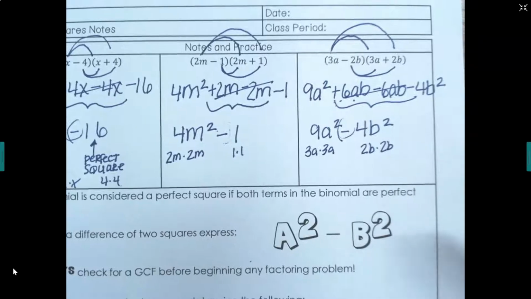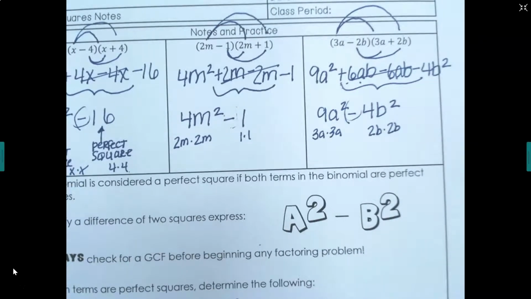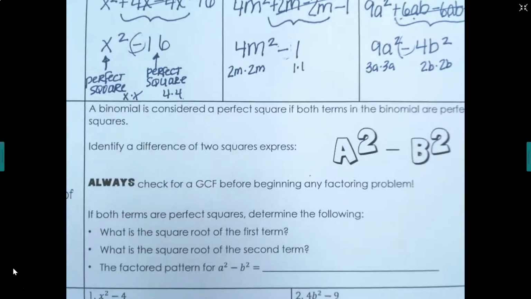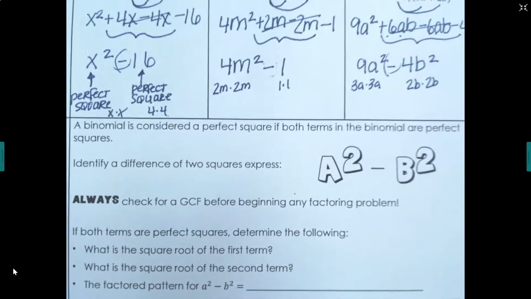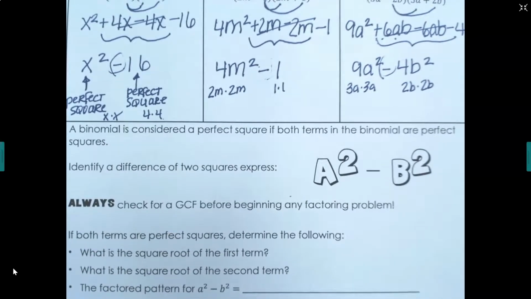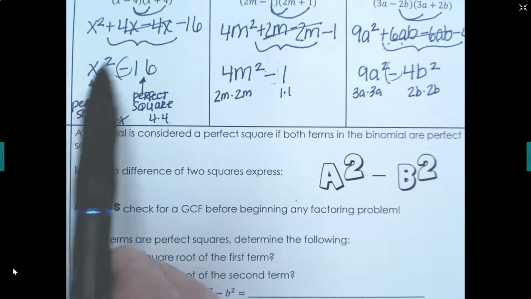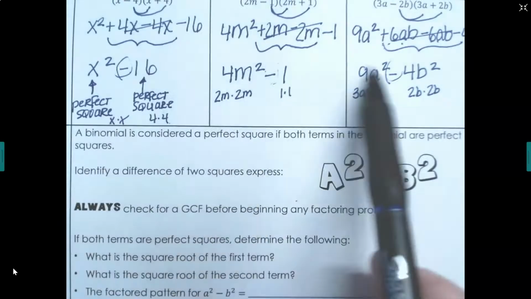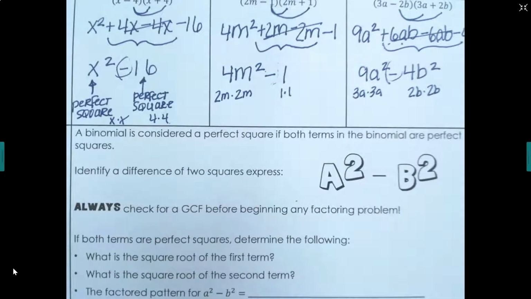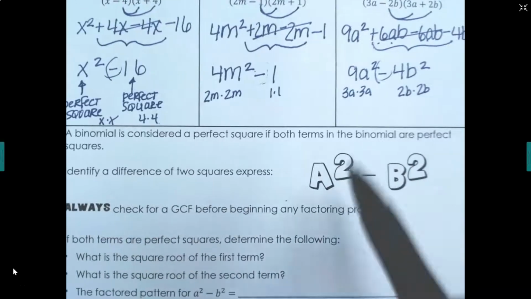Okay, so let's see kind of what that means for us. A binomial is considered a perfect square if both terms in the binomial are perfect squares. So that's what we were looking at. Both of the terms in these are all perfect squares, and we can identify it. Here's what it looks like.